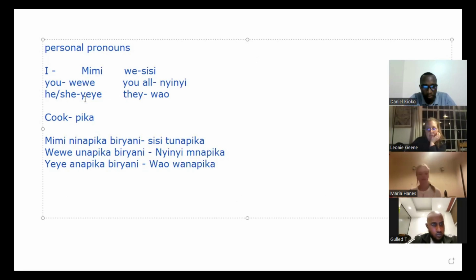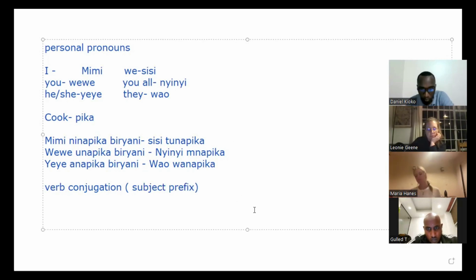So from this, what we had there, the first part was the personal pronouns. From this, I'm going to derive the verb conjugation. Basically, what I'm trying to say is the subject prefix. As you can see, all of this is the same thing, but we are changing ni, u, a, then tu, wa. Actually, we can drop the pronouns.